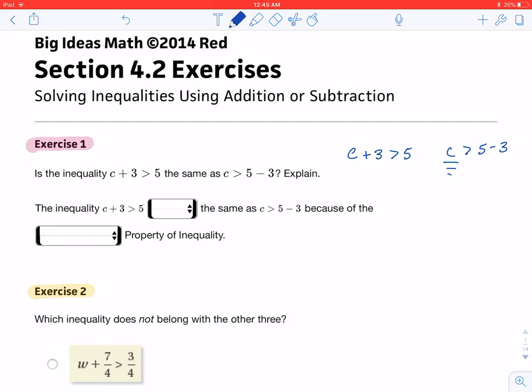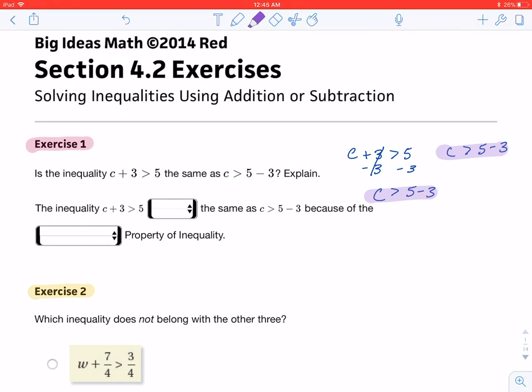To get the c by itself, we would subtract the 3 from the left side and the 3 from the right side, and that would leave us on the left side with just c. And on the right side, instead of solving 5 minus 3 being 2, we could leave it as 5 minus 3, and you'll see that you do get the same inequality. So yes, these are the same inequality.